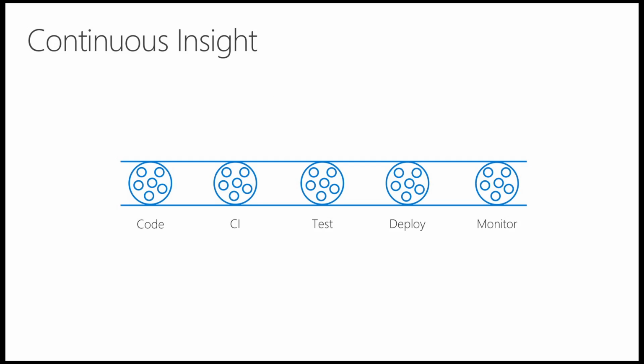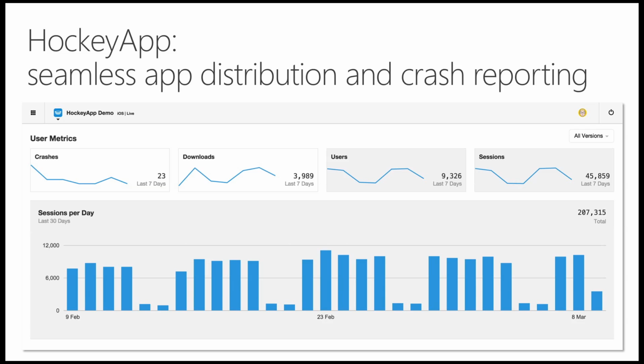Now, besides quality, another place where we need to be continuous is in our insight into what our users are doing, whether it is crashes they are seeing or their actual usage of our application. And this is what HockeyApp really helps us with. HockeyApp allows you to easily, again, in an automated fashion from your CI system after your tests have run, deploy your application to beta users.